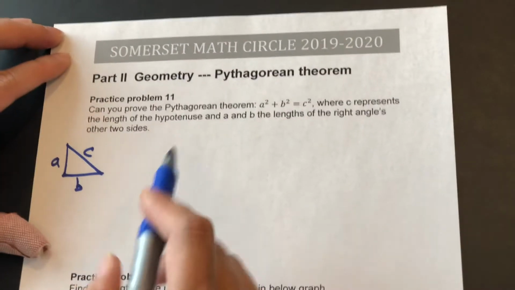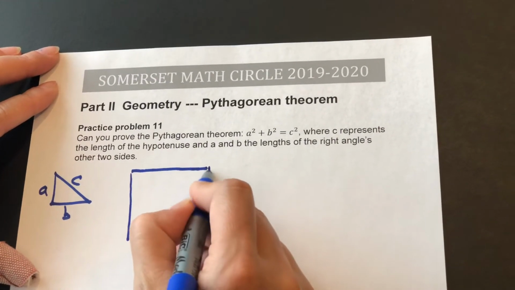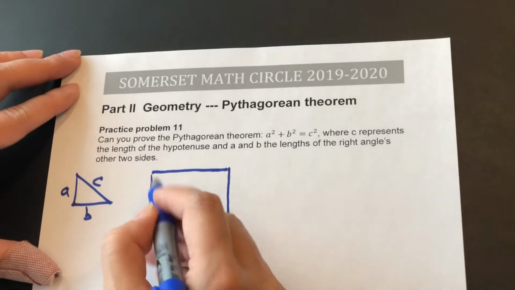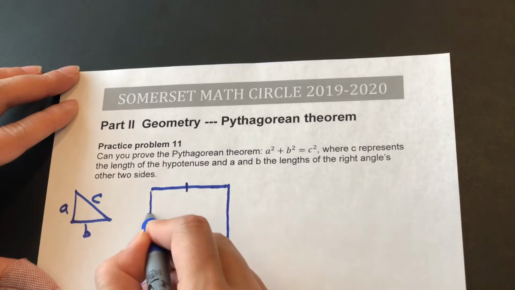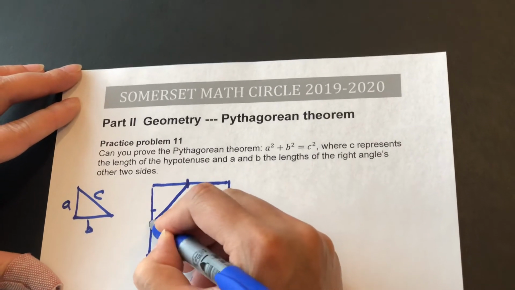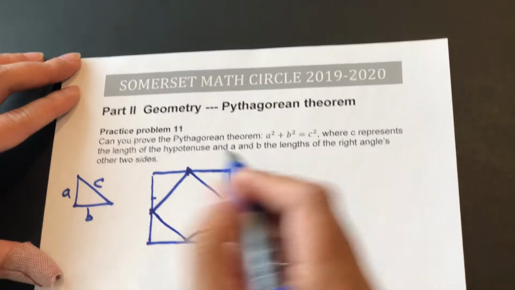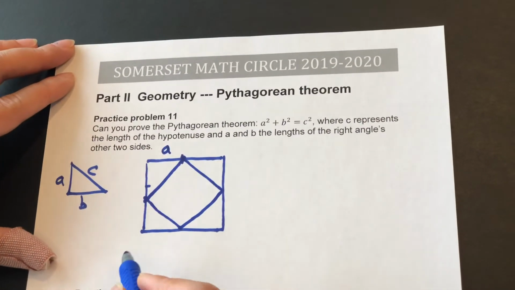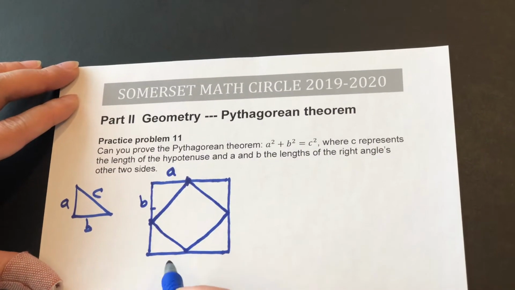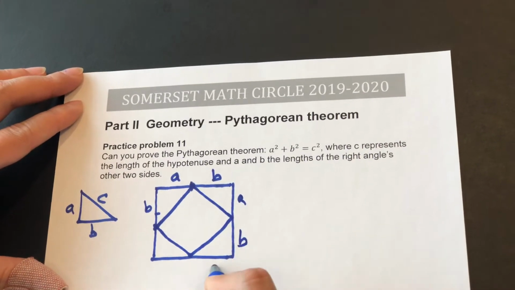Okay, this problem, we can make a square that you have a short side of A, short side of B. So this square has a side of A plus B, okay?